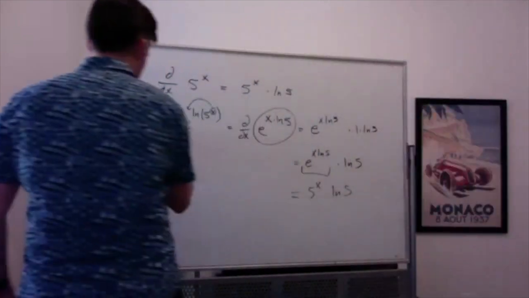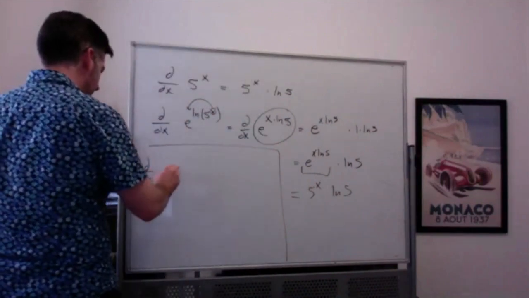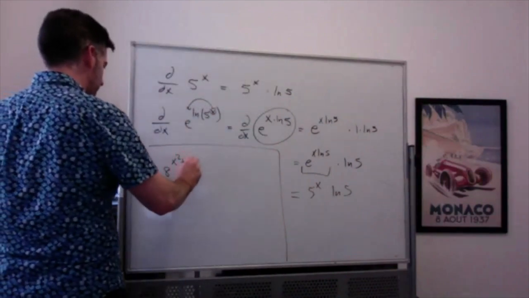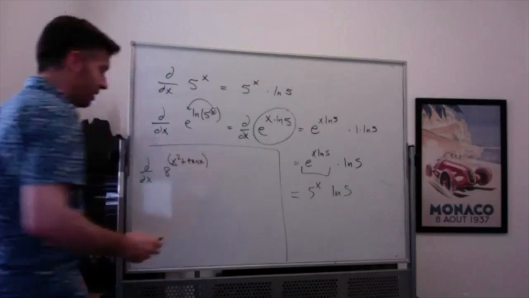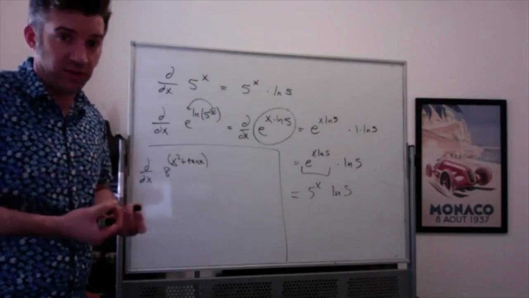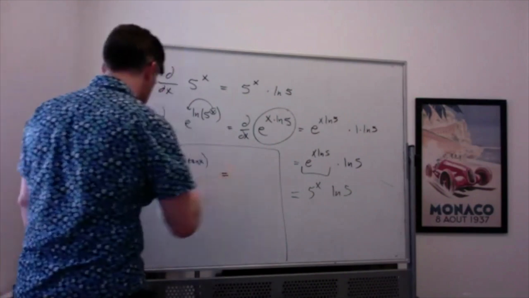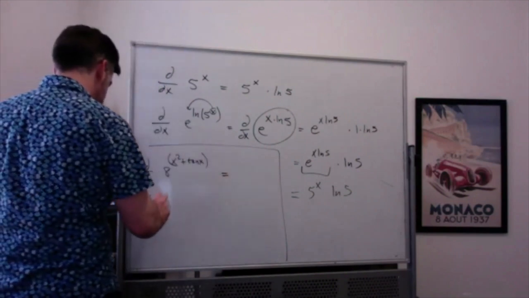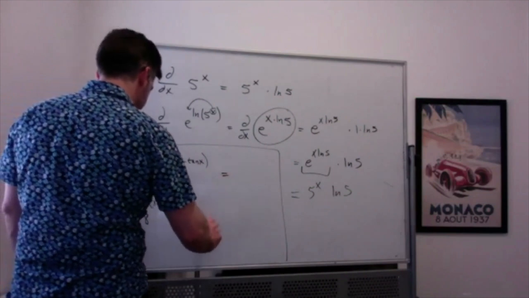Or the derivative of 8 to the x squared plus tangent of x. All right, I know the derivative of e to the stuff is e to the stuff times the derivative of the stuff. So I know that the derivative of 8 to the stuff is 8 to the stuff times the derivative of the stuff.